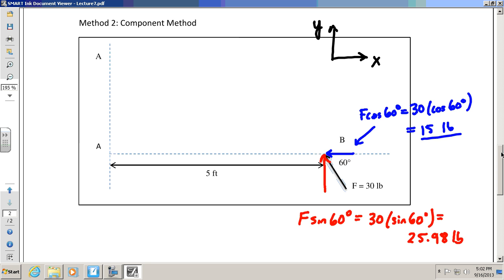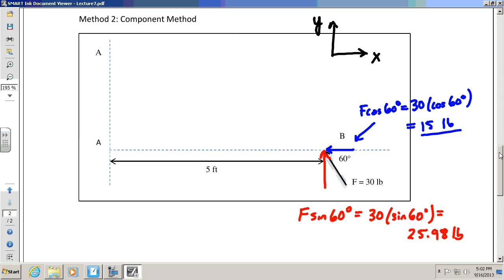Now here's why I like the component method so much better. When I asked you, what's the moment about A? All you have to do is say, well, it's the force times the perpendicular distance. In this case, the perpendicular distance between the red line, which I extend like this. See how I extended that red line?